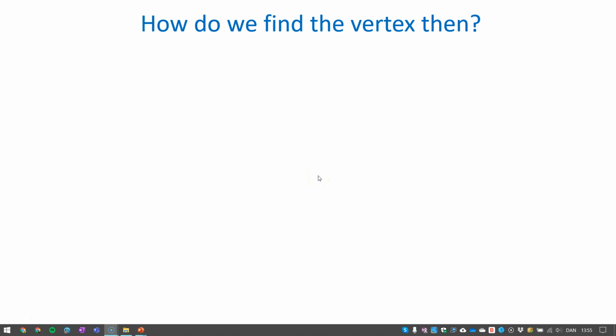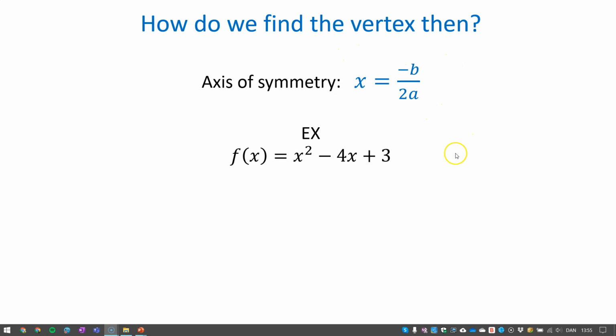So if I were given a function, how would I then find the vertex? Well, we've just seen that the axis of symmetry was given by this formula, negative b over 2a. And I know that the axis of symmetry always goes through the vertex. So what I would do is use this formula to calculate the x value. For an example, I could have something like this, and then I would calculate this formula.